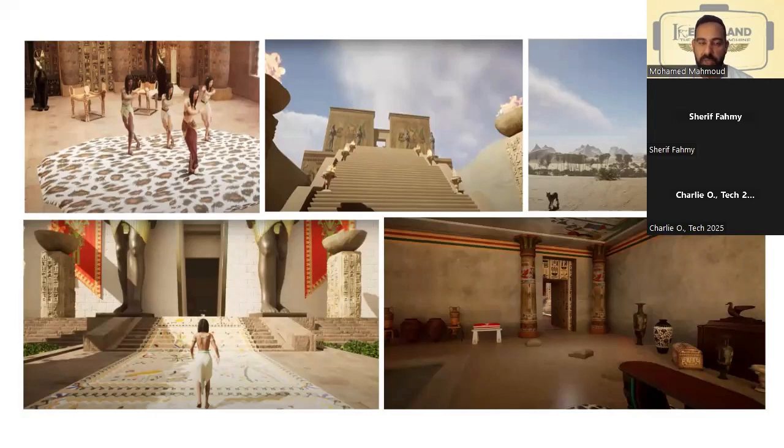The idea of why we have done this is that we wish to see if people will be interested in walking through the palace and exploring it, and to see if it attracts them to something like that or not. So that's why we started building the ancient royal palace. Okay.